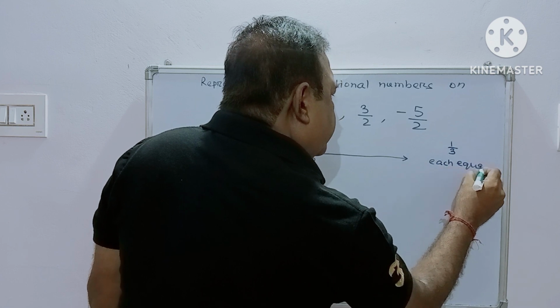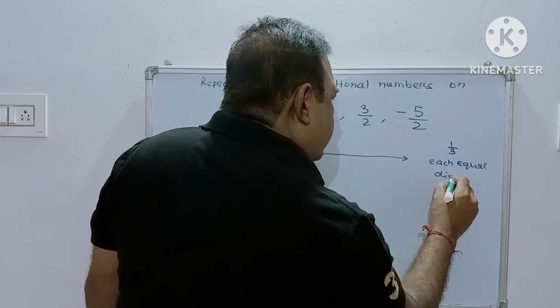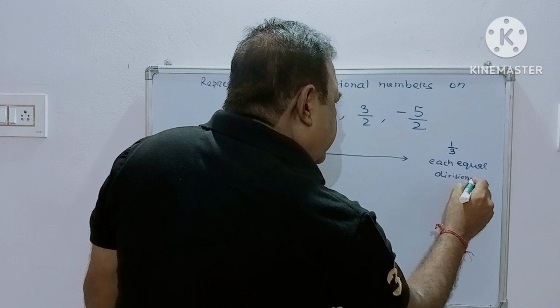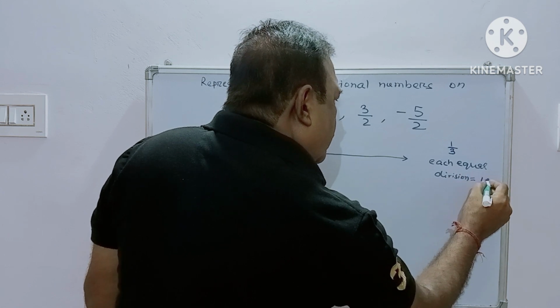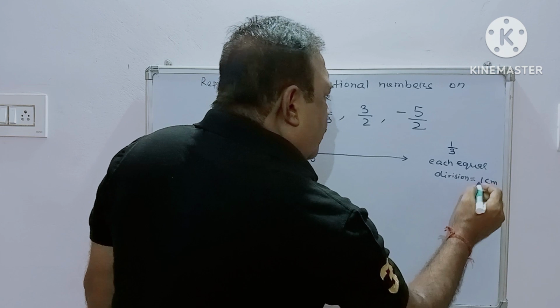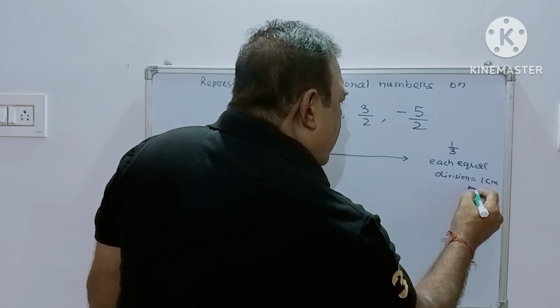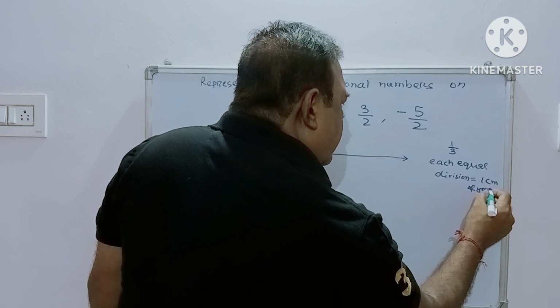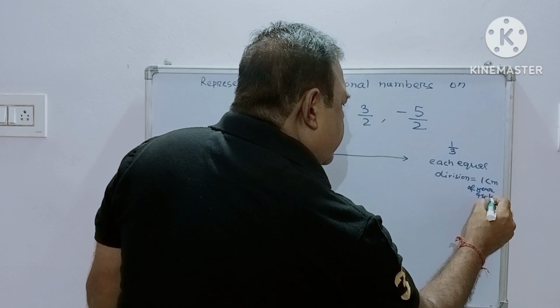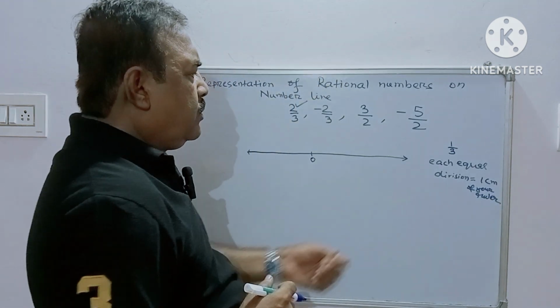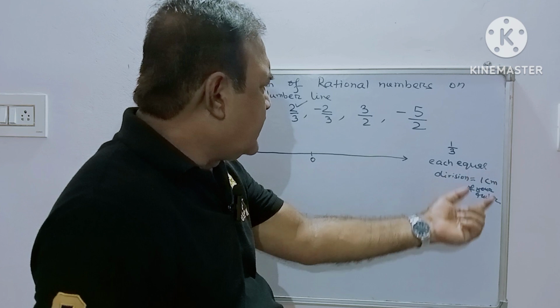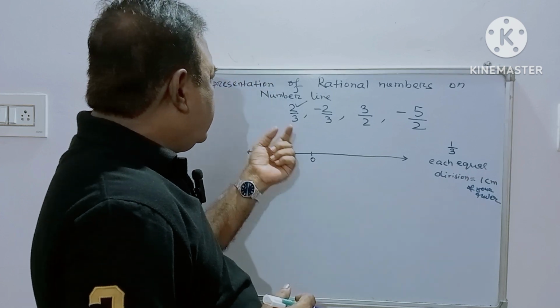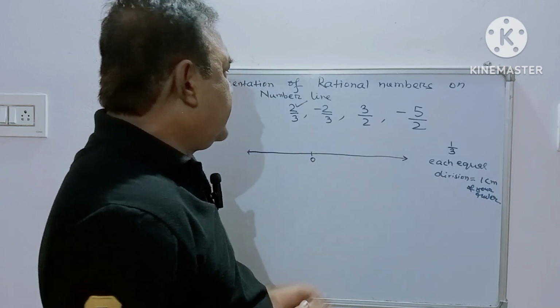and each equal division is equal to, suppose you take, it will be better for you, 1 centimeter of your ruler. So you take a fixed distance, that is 1 centimeter, and that is each equal division.